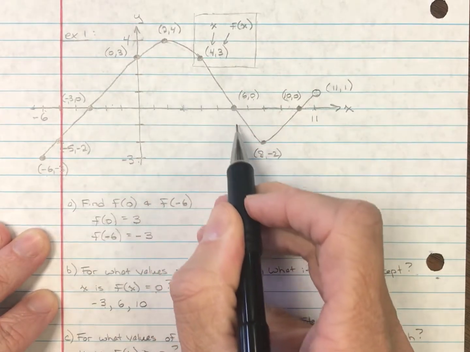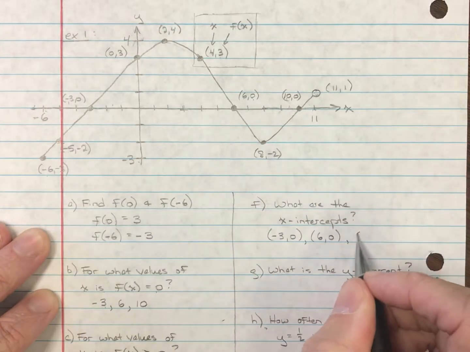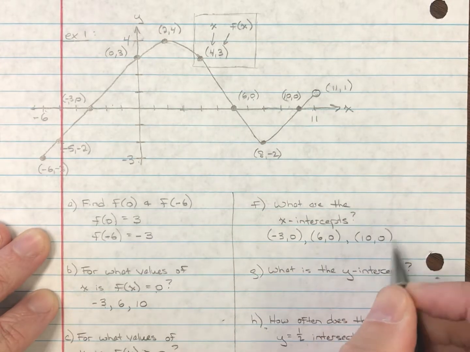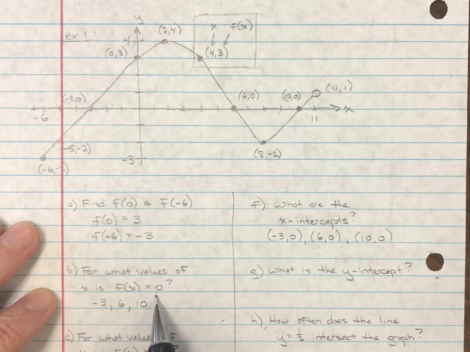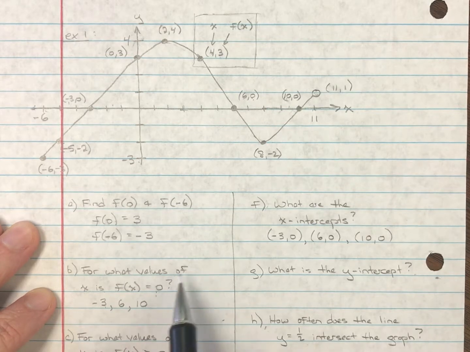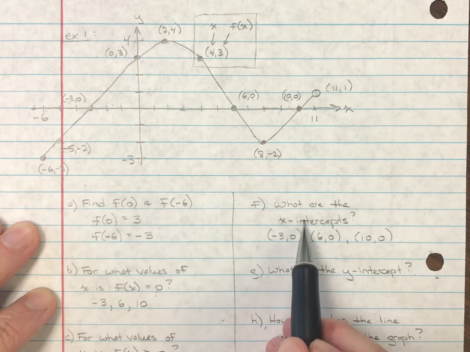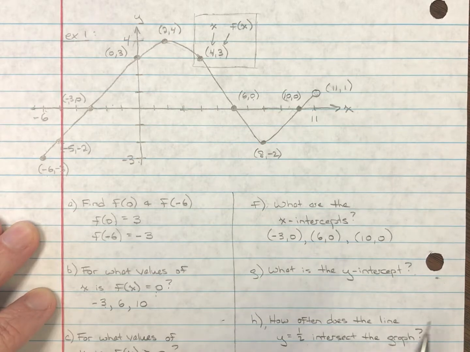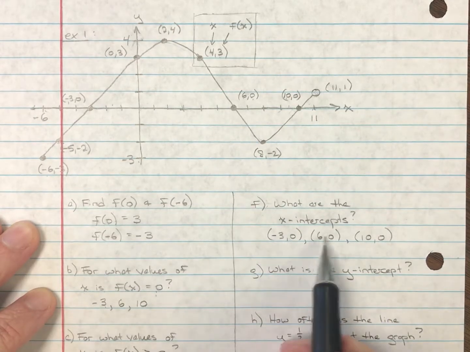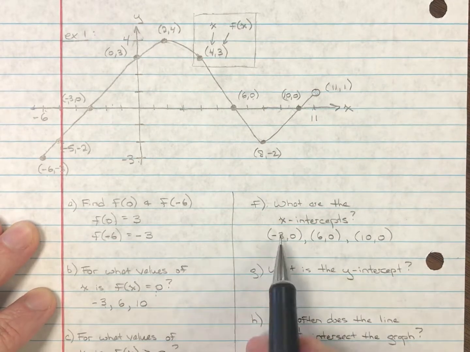And it crosses the x-axis again here at (10, 0). Notice that F and B have a similarity. For what values of x is f of x equal to 0? As I mentioned earlier, this is another way of asking what are the x-intercepts. So that should come out to be the exact same thing, or at least the same x values.